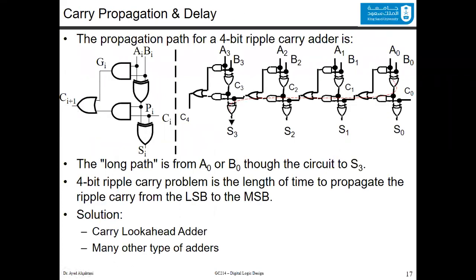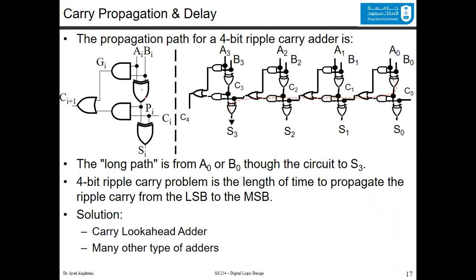Now we will see the carry propagation and delay. The propagation path for a 4-bit ripple carry adder is as you can see here. Remember that this is a single bit full adder cell.